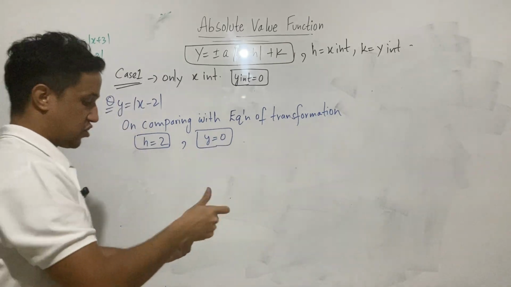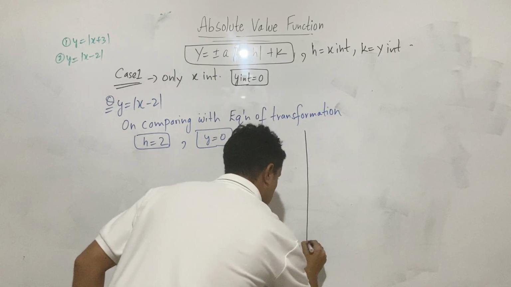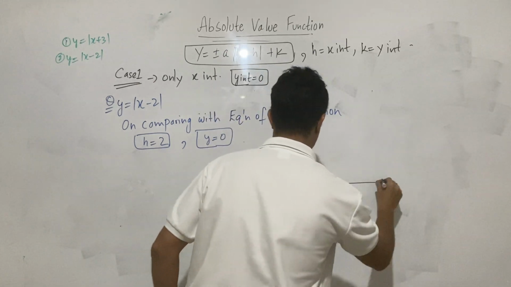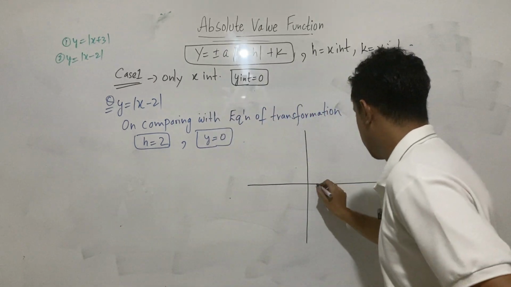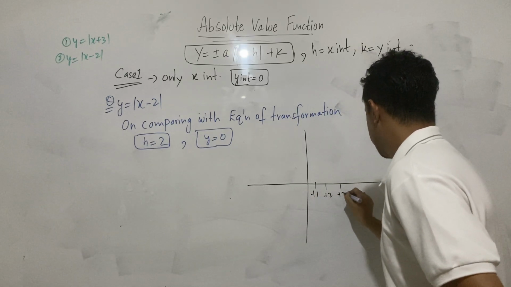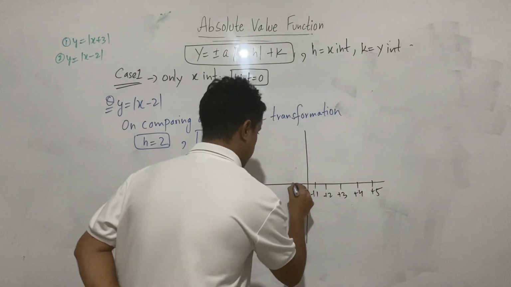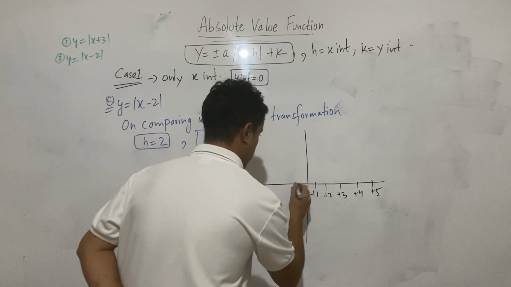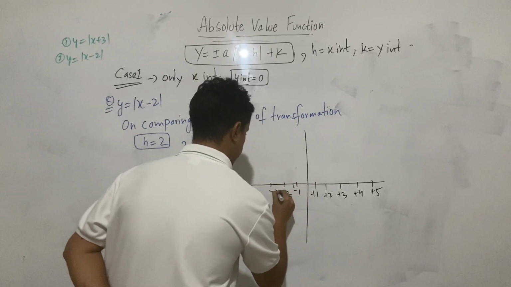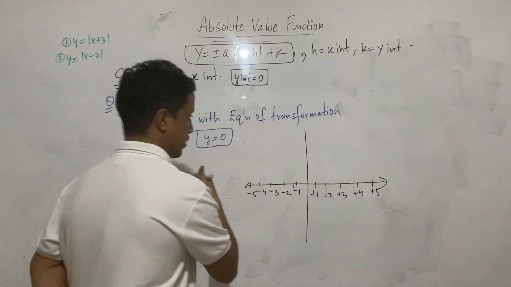Okay, so let's do the graph. This side +1, +2, +3, +4, +5. This side -1, -2, -3, -4, -5, and so on up to -infinity.